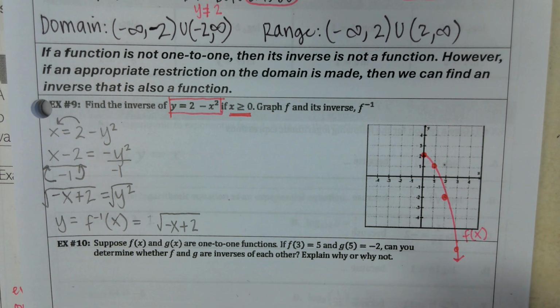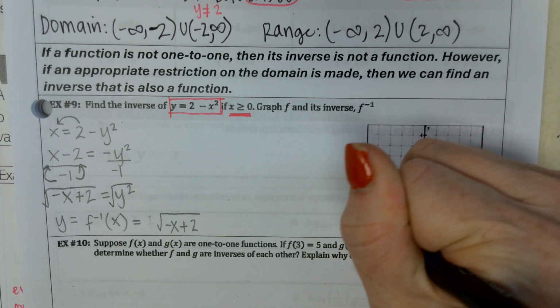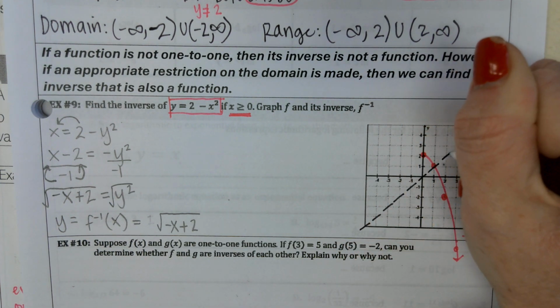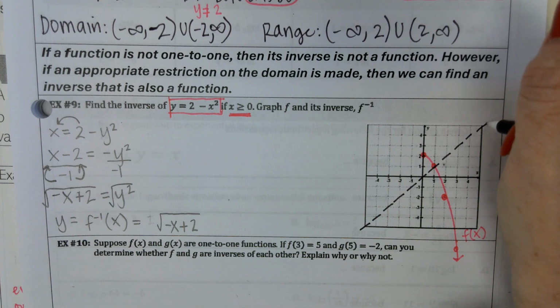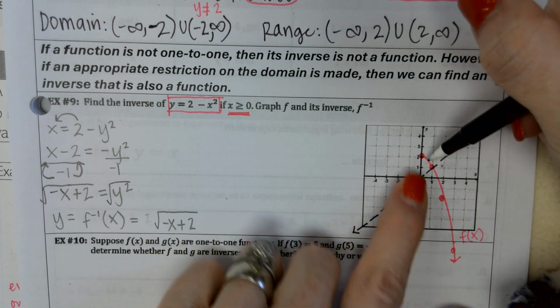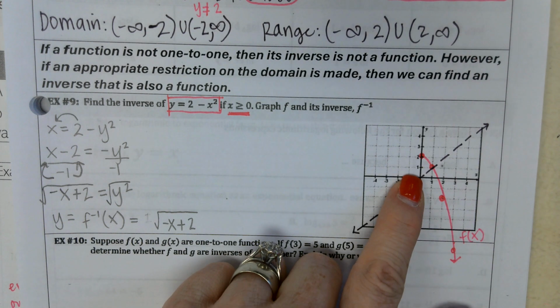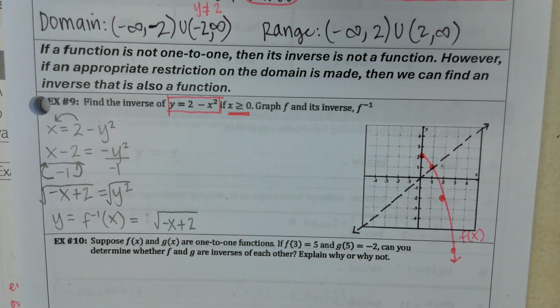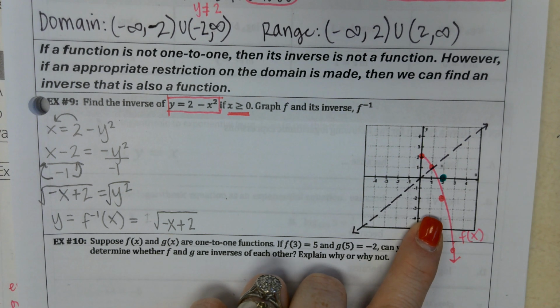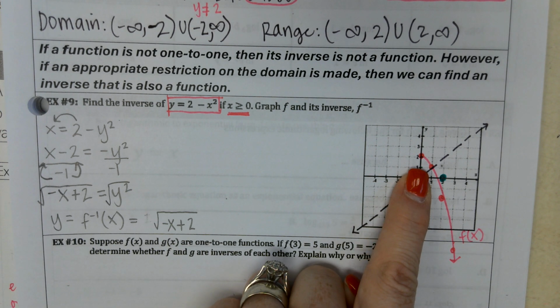Okay? Now, just as a reminder, all of our inverse functions are technically a reflection over the line y equals x. Okay? So what was this first ordered pair that I did? It was 0, 2. So my inverse should have an ordered pair of 2, 0. I had 1, 1.